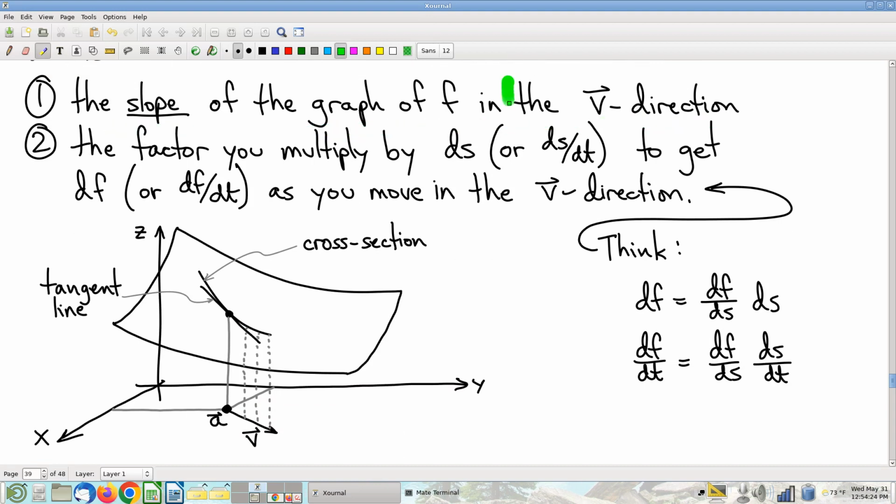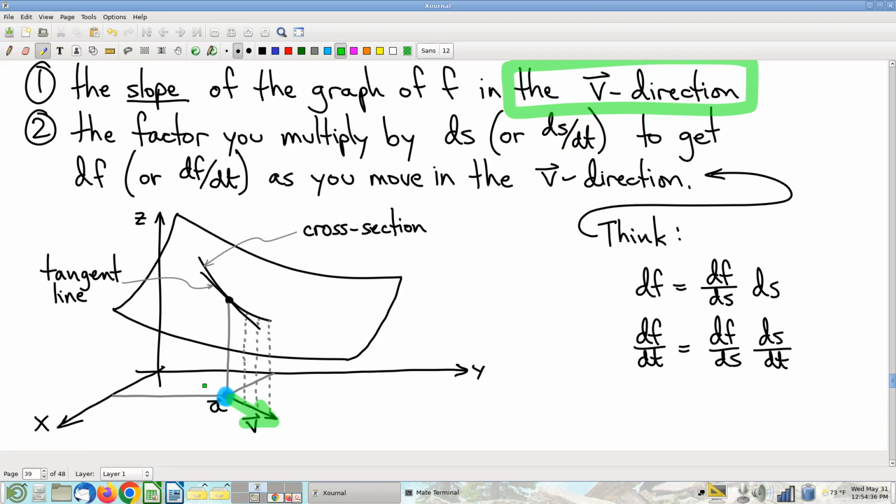Given a starting point A, the V direction says, for this other unit vector V, as I move in that direction, if I were to take a cross-section, still a vertical cross-section, just in the direction described by that vector, not parallel to an axis or in the direction of increase of a single coordinate.